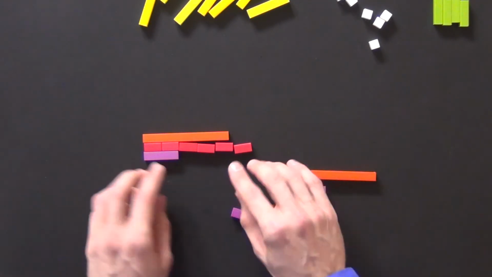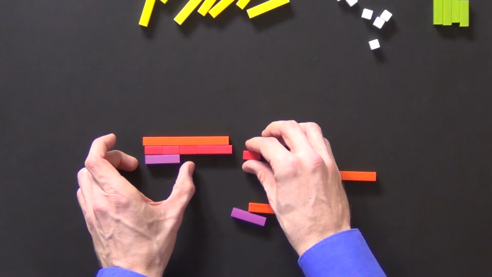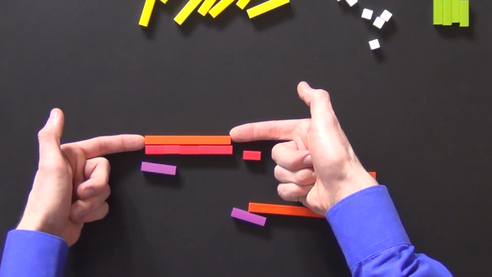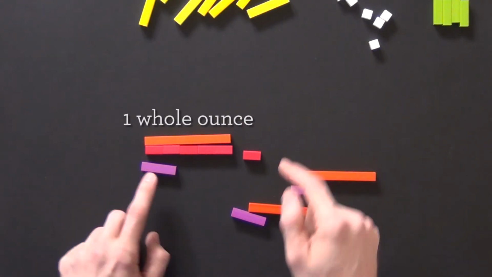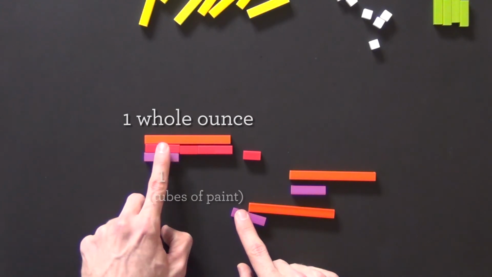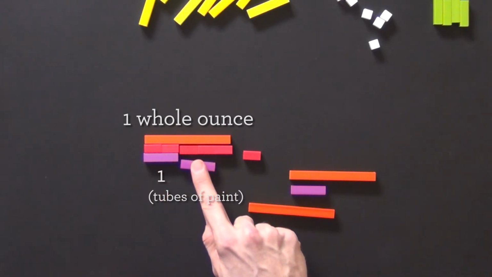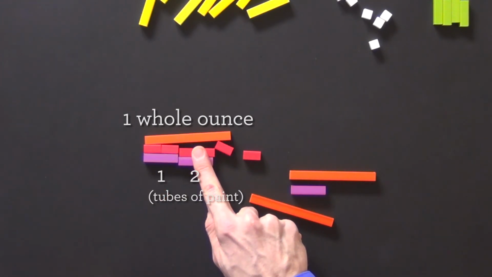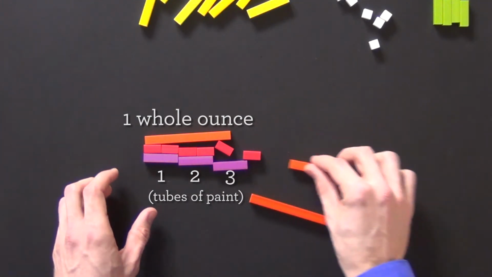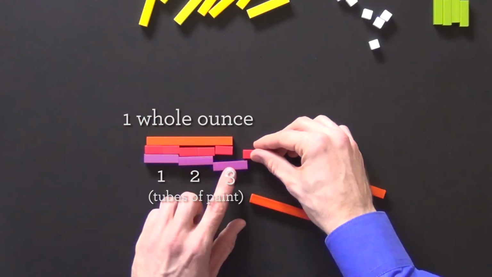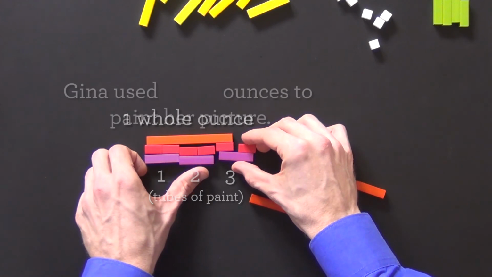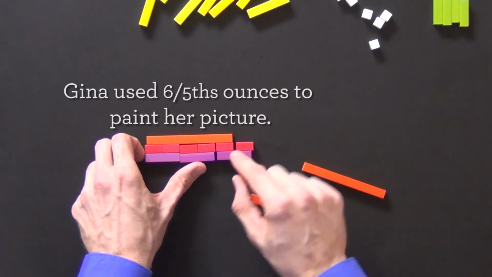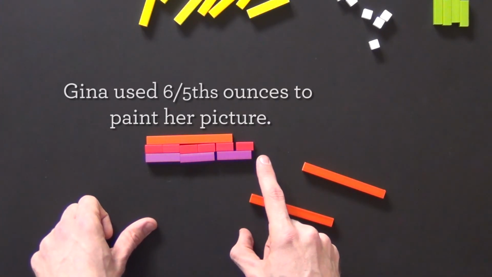Notice that I moved these all in comparison to the orange. The orange represents 1 whole ounce. This represents 1 tube of paint. Here I have another tube of paint, and here I have another tube of paint. What does this mean? It means that Gina used 6/5 ounces to paint her picture.